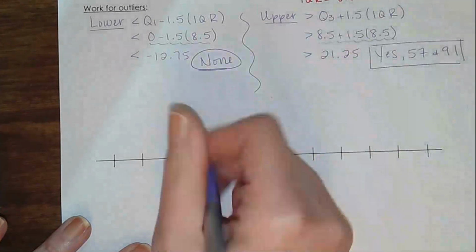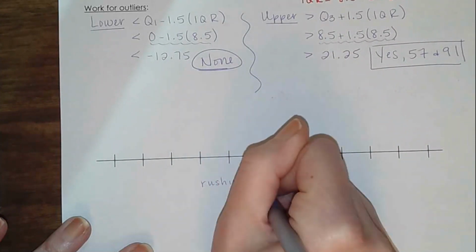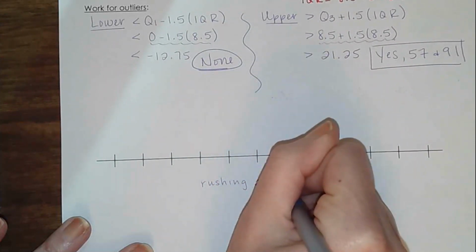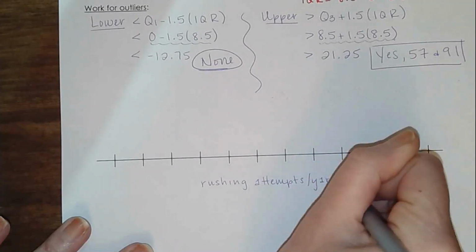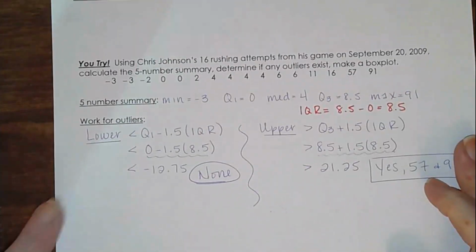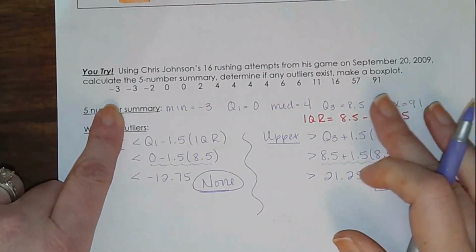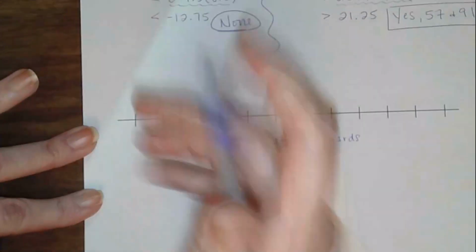So either one's fine. I look up here, my minimum is -3, my maximum is 91, so I gotta cover that in my number line. So I'm just gonna go by tens and I'm gonna start at -10.